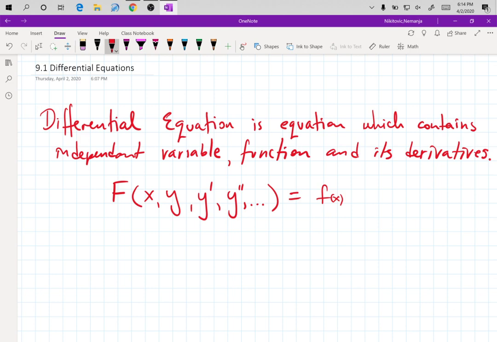So differential equations are equations which contain an independent variable, and usually that variable is t, because most of the things we are computing are a function of time. Calculus is a study of change. Differential equations are just calculus on steroids.